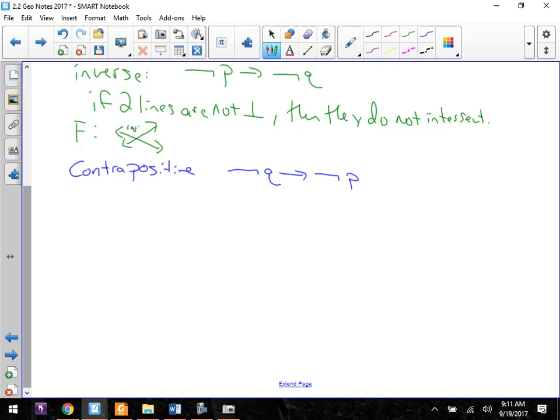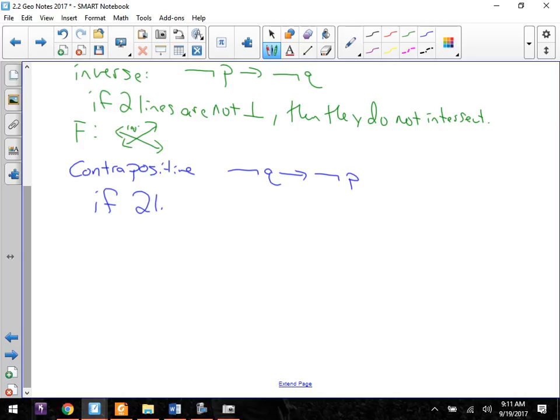So we already have all of our nots in the statement itself. If I write it out, I would just say, if two lines do not intersect, then those two lines are not perpendicular. Correct.